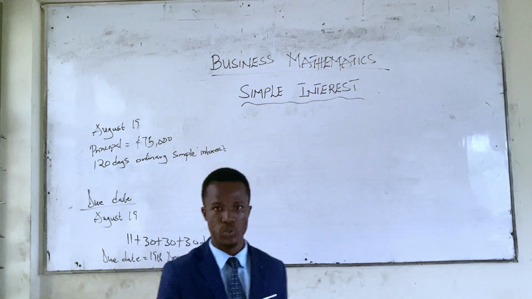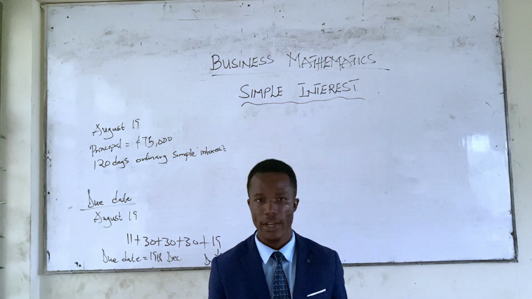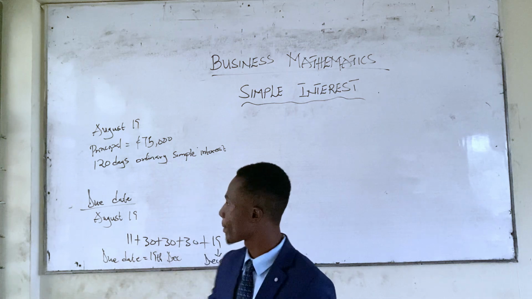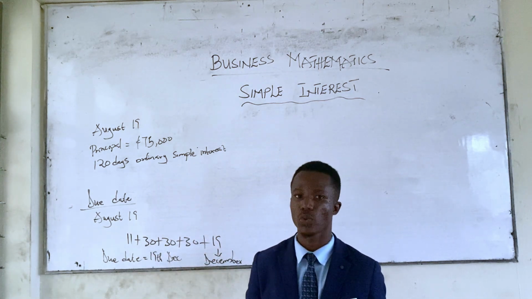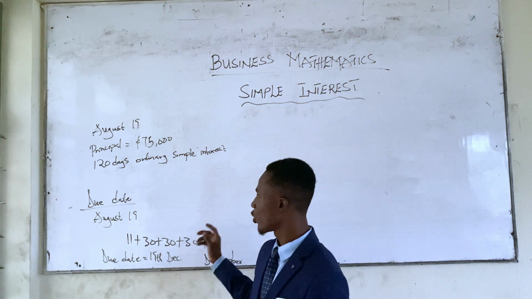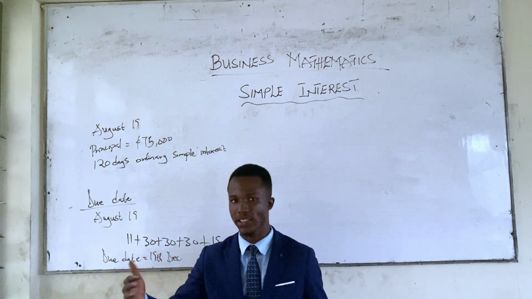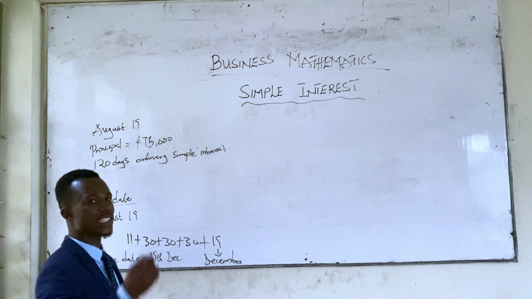Don't forget, when I was reading, I initially said whenever you are calculating the due date, you go by the approximate time, because you assume each month has 30 days. Basically everything that we are going to do here, we are going to use ordinary or approximate time, 30, 30, 30, unless specified.